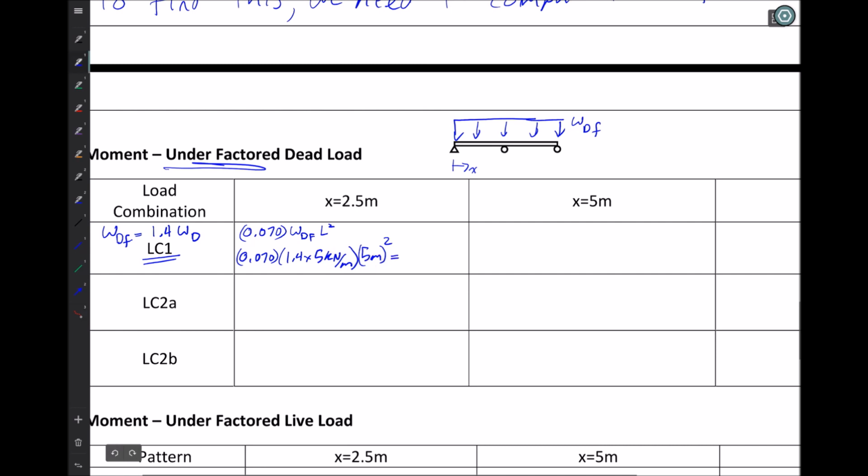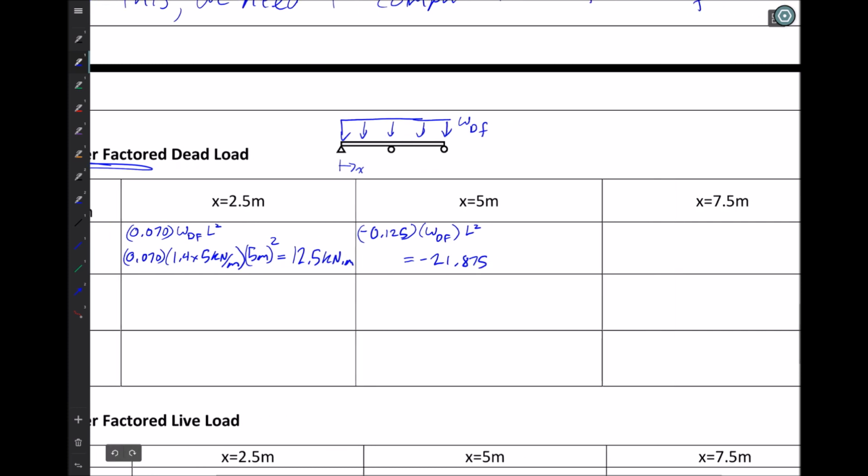And this would be 12.5 kilonewton meters. At 5 meters, I have a coefficient of minus 0.125, so this is my coefficient, multiplied by W dead factored, multiplied by L squared. And going through the same calculation, I would have minus 21.875.